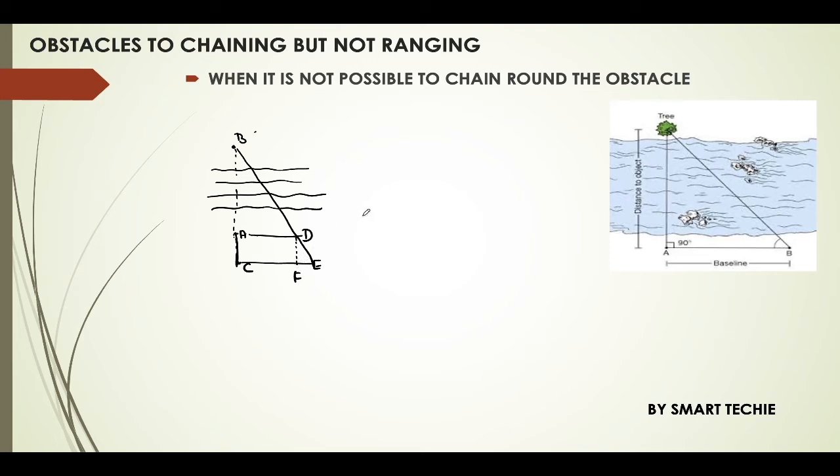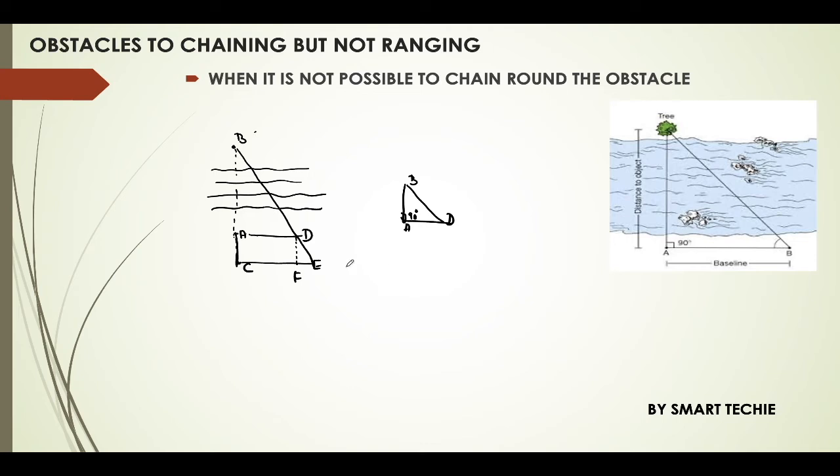So here we have two similar triangles. One similar triangle is ABD, and this is 90 degrees here.